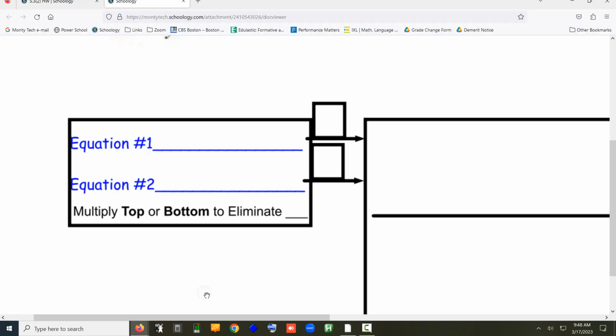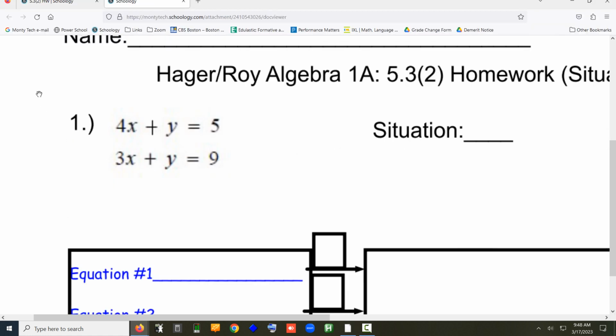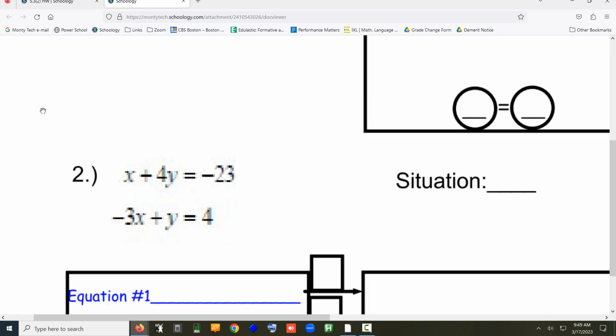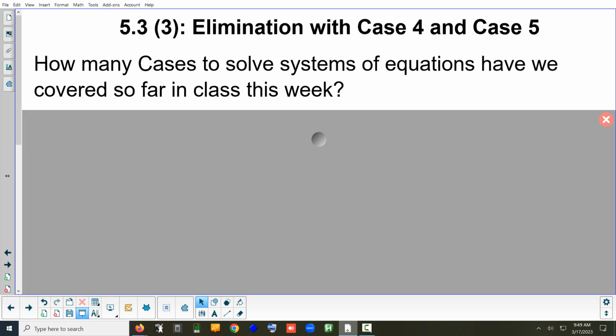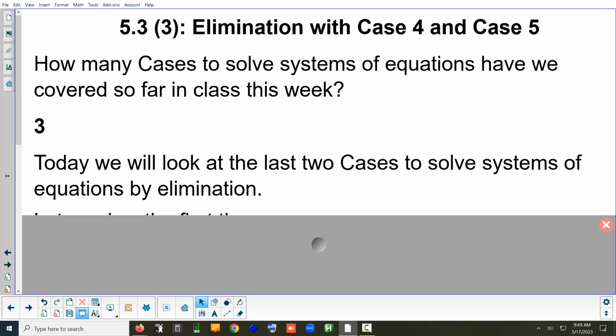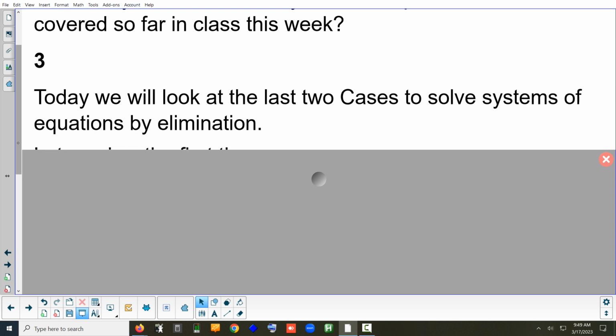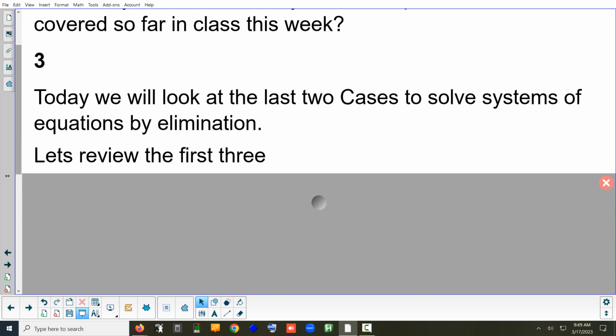That would be a problem like this one. And then we've done the case where you have to multiply by a number other than -1 in one of the equations. But we've never had to multiply in both at the same time. And that's what we're going to look at right now. So this is the last 2 cases for elimination.